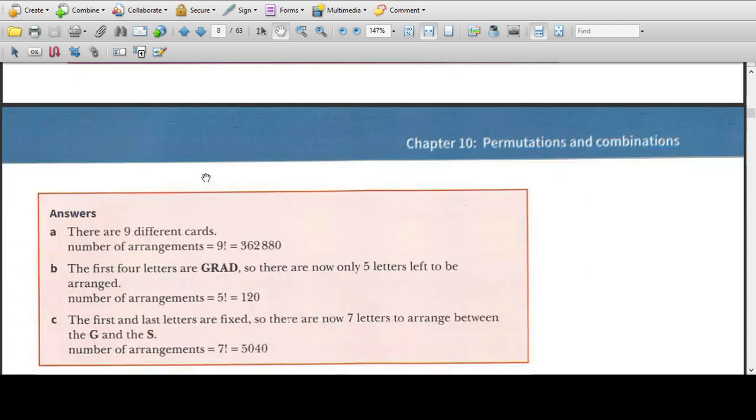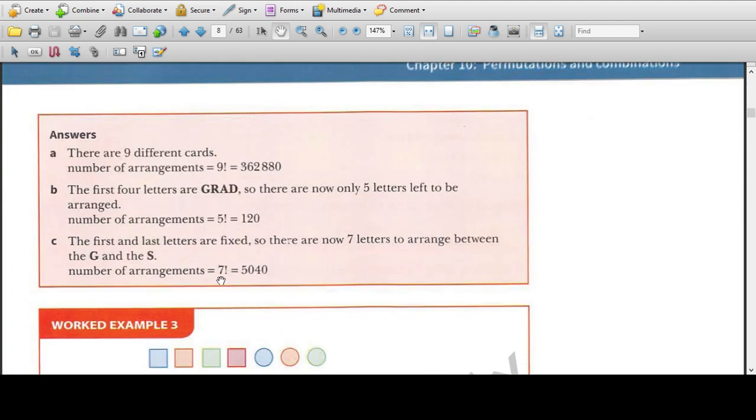So for part C, the answer is 7 factorial with these restrictions. With the 4 letters at the start fixed, it becomes 5 factorial. For the first and last letters fixed in place, it becomes 7 factorial.